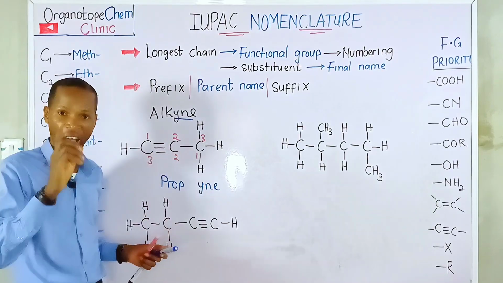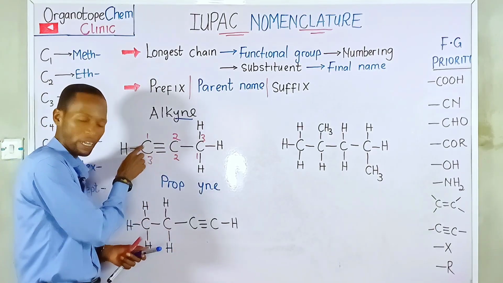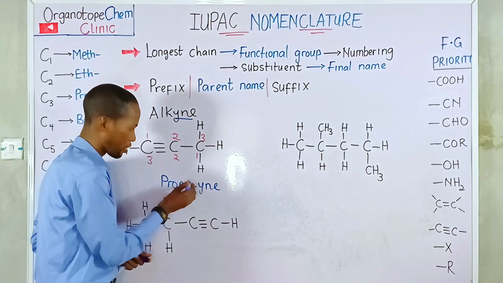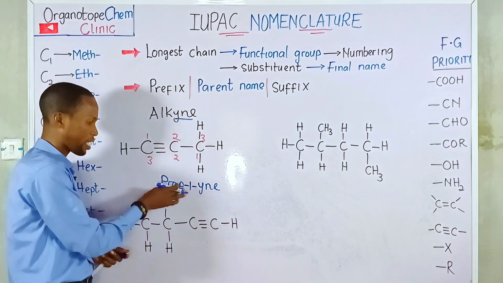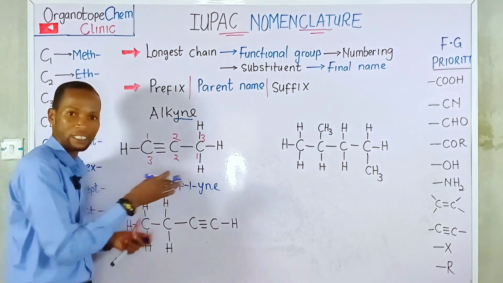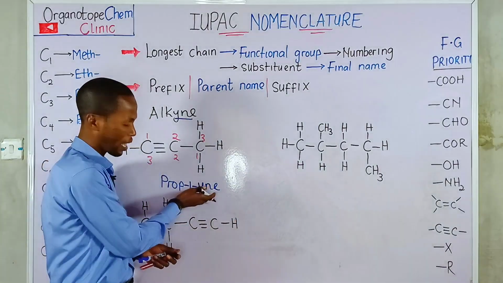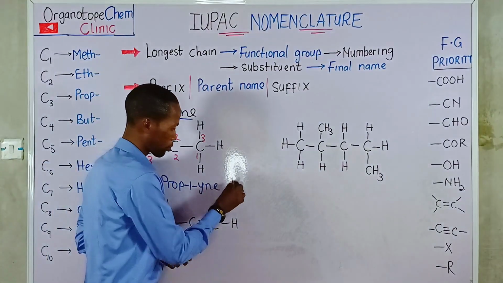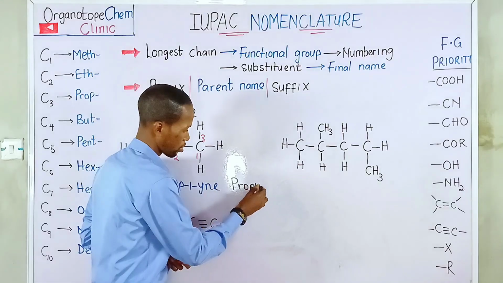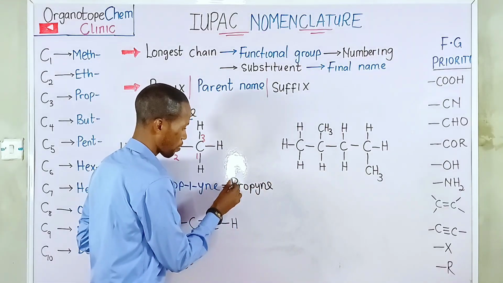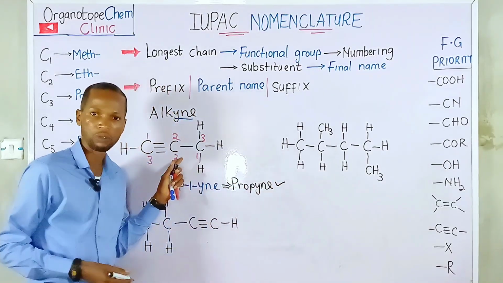So which one is right? Having the triple bond on carbon 1. So I'm going to have 1-yne. So the IUPAC name right here is prop-1-yne. But note that prop-1-yne is often written as propyne. So this is the correct name for the molecule right here.